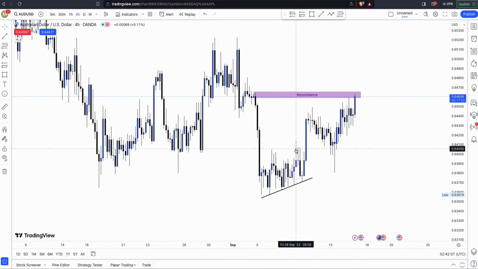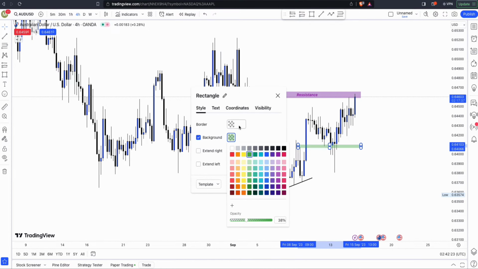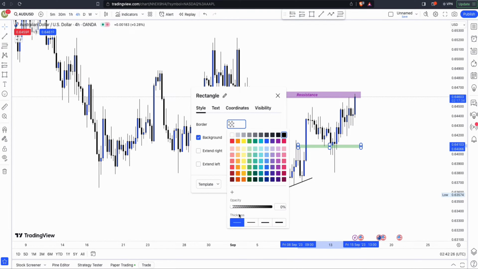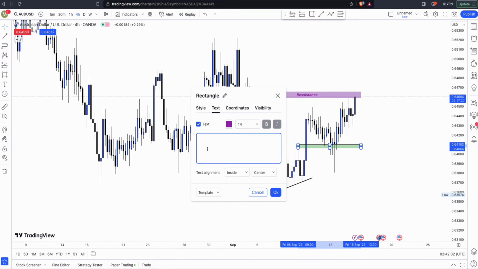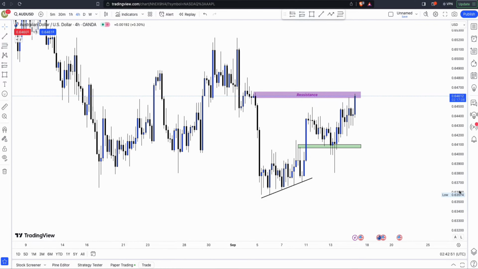This point right here should be our take profit zone. You can see right there, that's going to be your take profit zone, right?